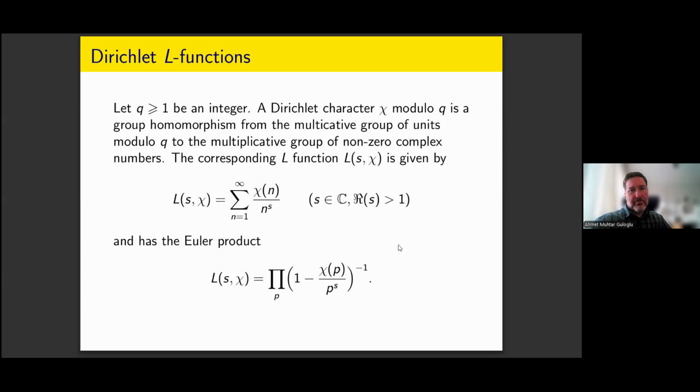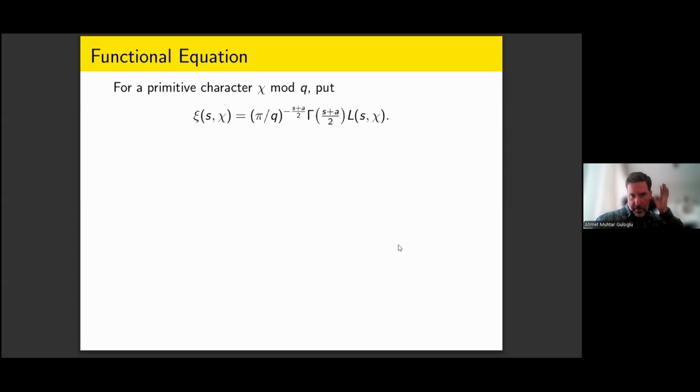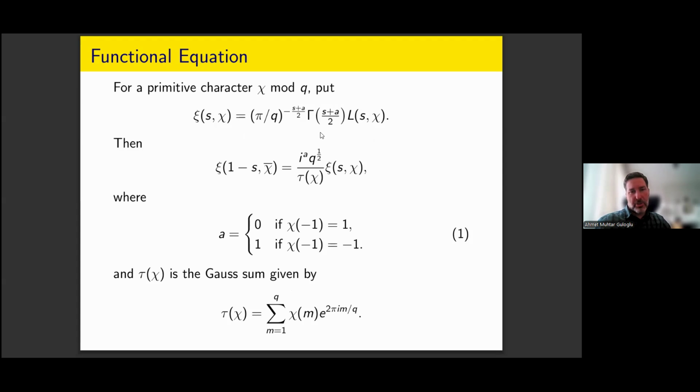As I showed you before, they have a gamma factor, and in front of them, you will see what's called the analytic conductor of this L function, Q here. And this is also an entire function as long as you have a nice character here. The difference from the zeta function, as you can see, is that the functional equation relates chi and chi bar.